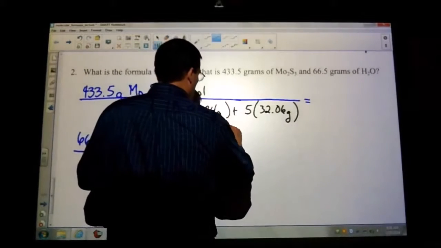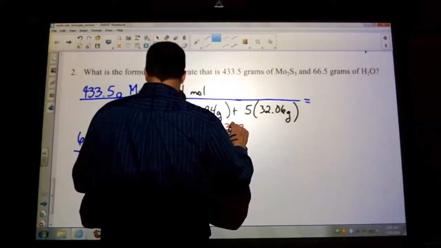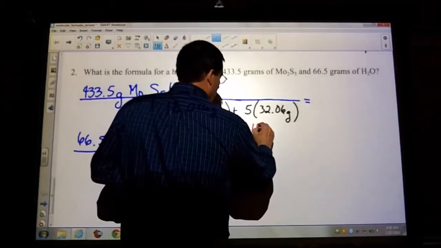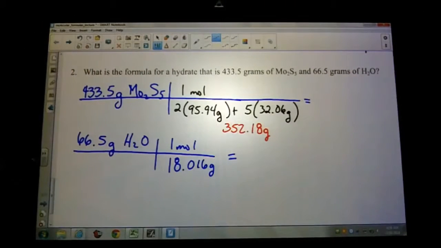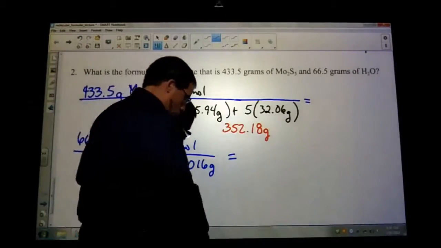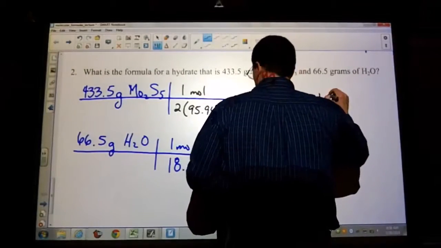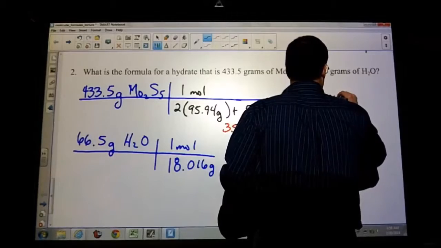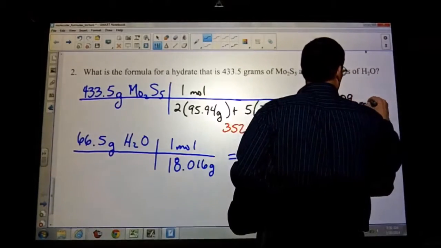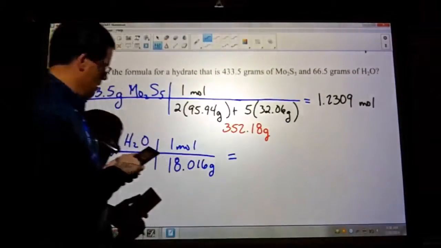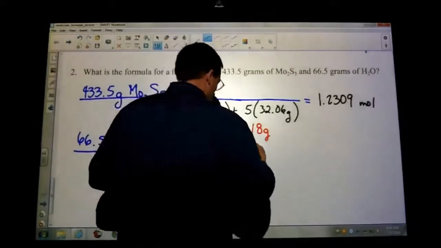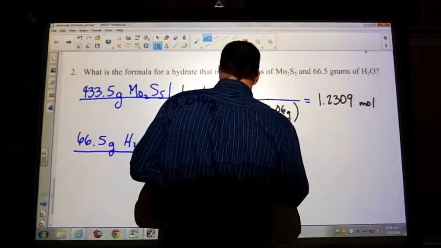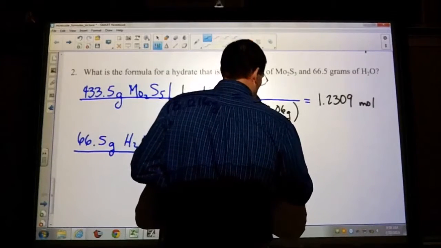I think my molar mass for the molybdenum compound is 352.18. Anybody else get that? So the mole amount is 1.2309, and the water was at 3.69. We'll say 1, 2.